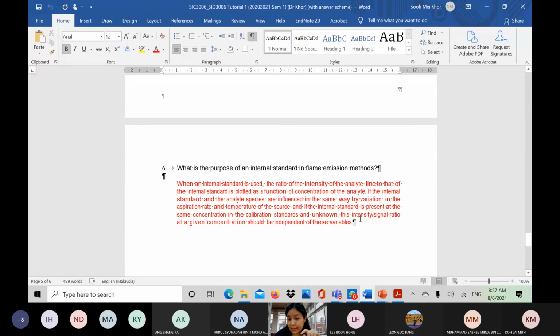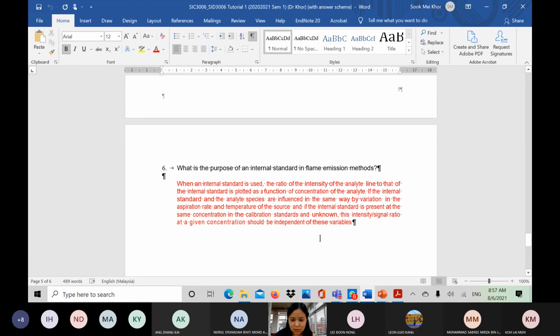So the intensity, the signal of your emission line, is not just for your target analyte, but it is the ratio of intensity between your target analyte and the internal standard.